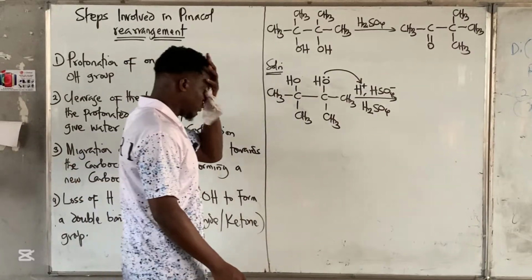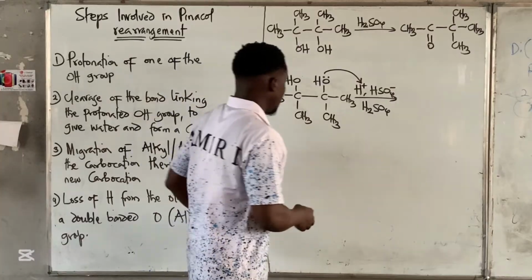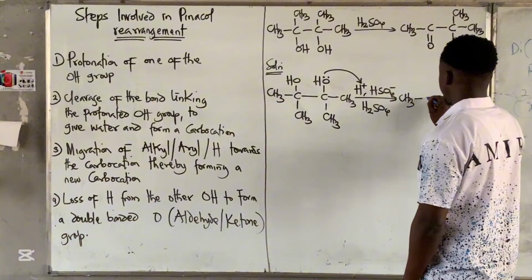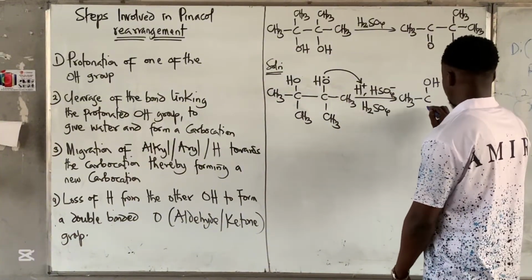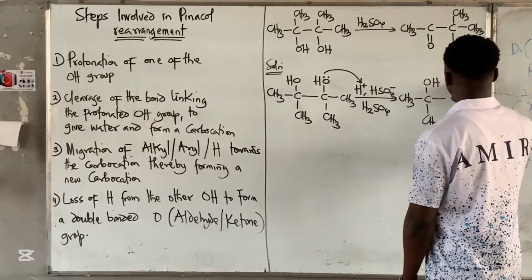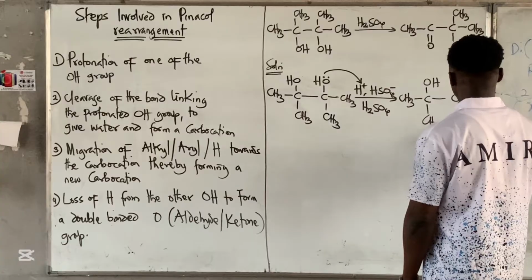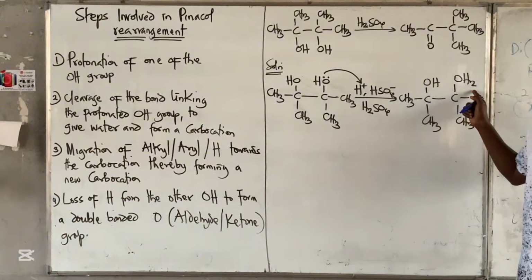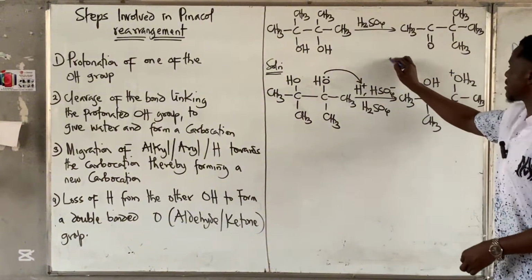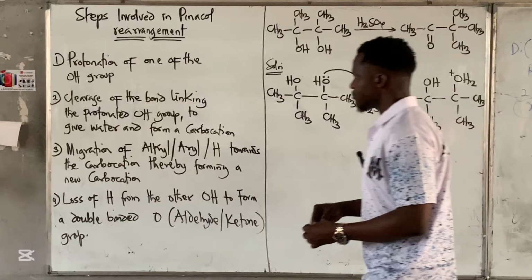All right, so once this happens, this is what we're going to have: CH3, C, OH, CH3, C. When that happens, this becomes H2, this becomes water. So I'll put plus here. Remember, water is H2O. So this is now water. So step 1 is done.